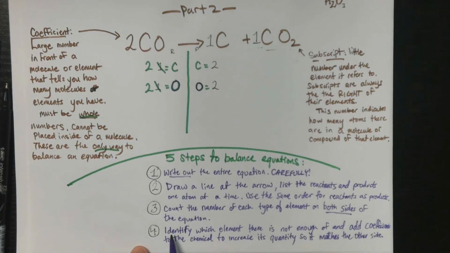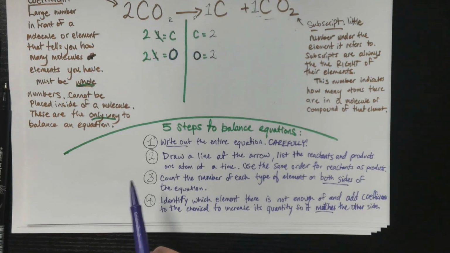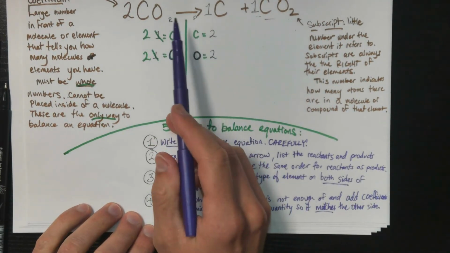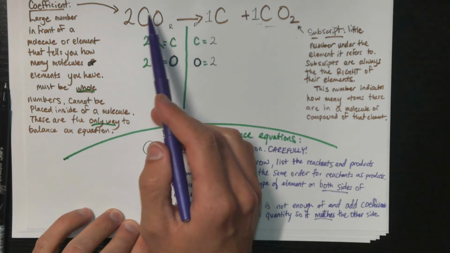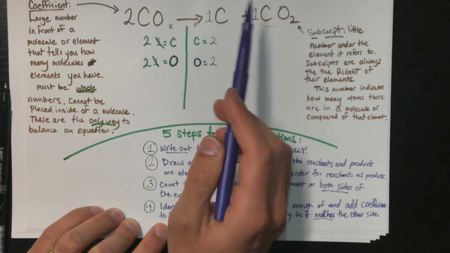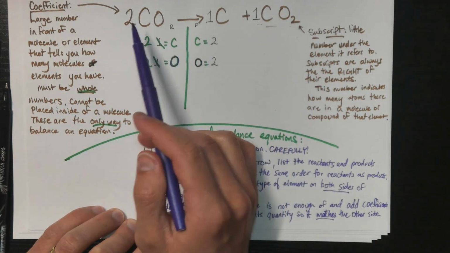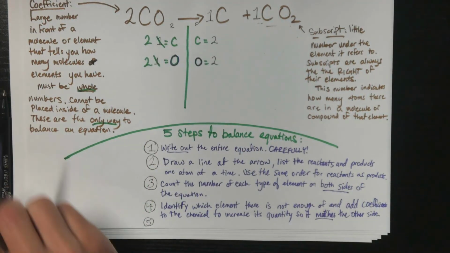Okay, step 4, identify which element there is not enough of and then add a coefficient to the chemical to increase its quantity so it matches the other side. It's got to match the other side in order to balance, and you can use either a product and start adding coefficients to the product side, or a reactant, add coefficients to the reactant side, whichever one needs the coefficient added. It doesn't matter which side it's on, you can add coefficients to either side.